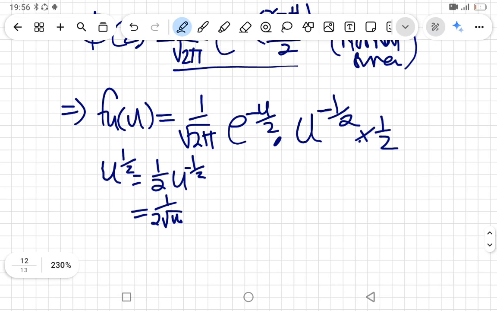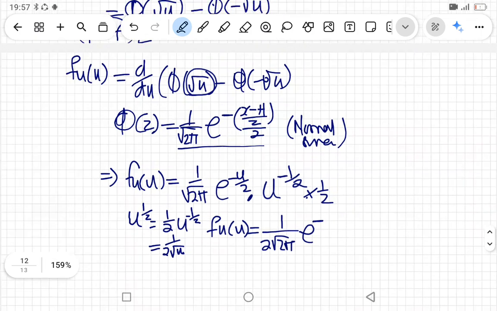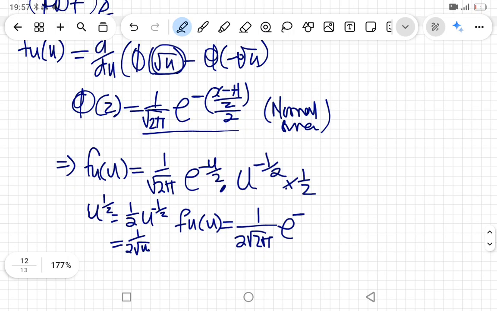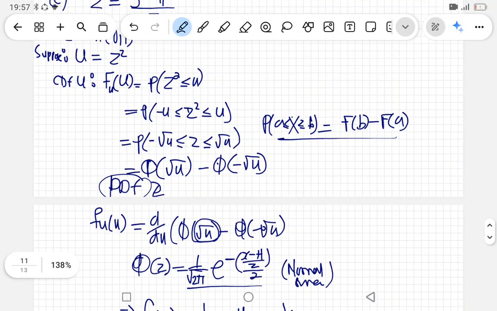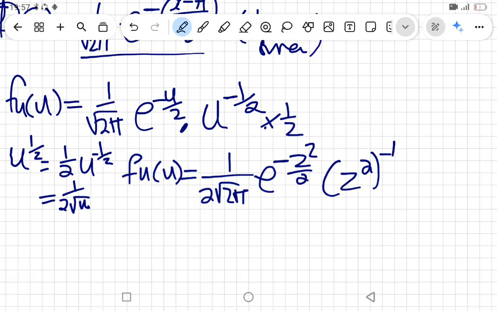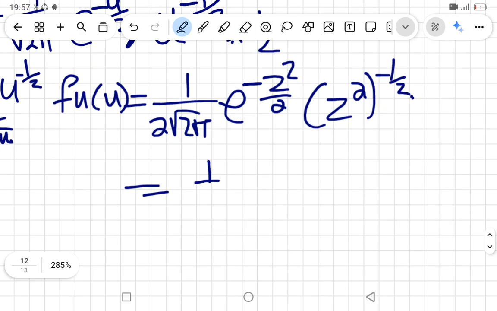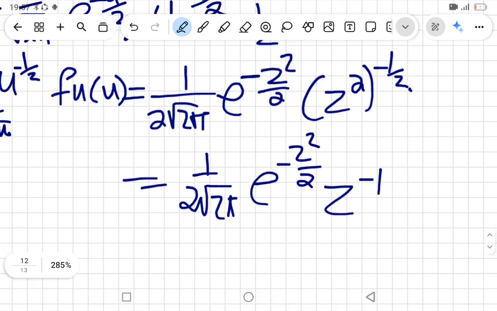Then it means that f of U will finally be equal to 1 over 2 root of 2 pi e to the negative, and then we must replace our value of U as Z squared. Then you have Z squared to the negative half times half, and this will be 1 over 2 root of 2 pi e to the negative Z squared over 2 Z to the negative 1.